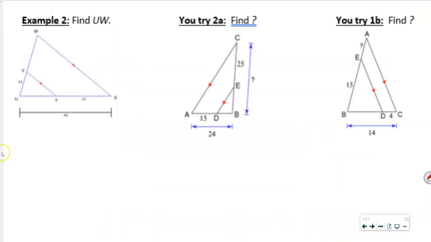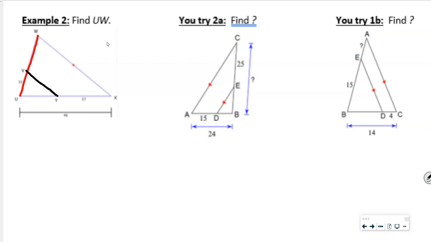Okay. So for this next example, it says find UW. So it's asking us to find this whole side right here. Well, to do that, since I don't have the same sorts of sides, and notice again we got parallel lines here, so there's my dividing line, right? So I'm going to find WV first.